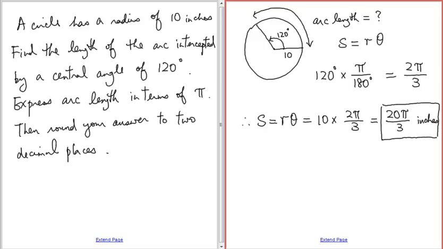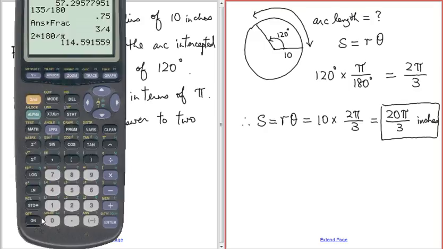Then round your answer to 2 decimal places. So what does that mean? We need to use our calculator. Let's see, 20 pi. Make sure you use the built-in pi. Don't use 3.14. That will not be right. Divided by 3. Hit enter.